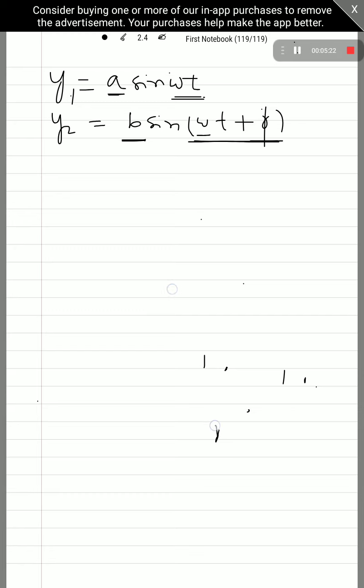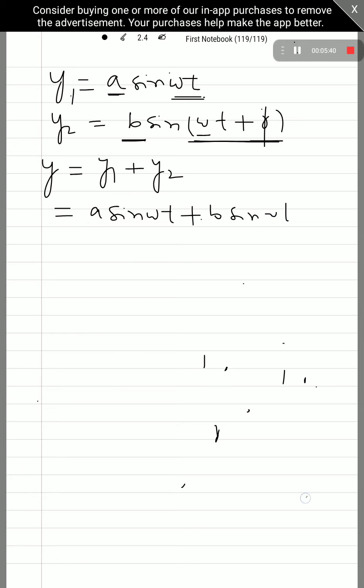As you know, interference is the superposition of the two sources, y1 plus y2. So now let us add these two quantities. It will become A sin omega t plus B sin(omega t plus phi). So you can expand sin(A plus B).